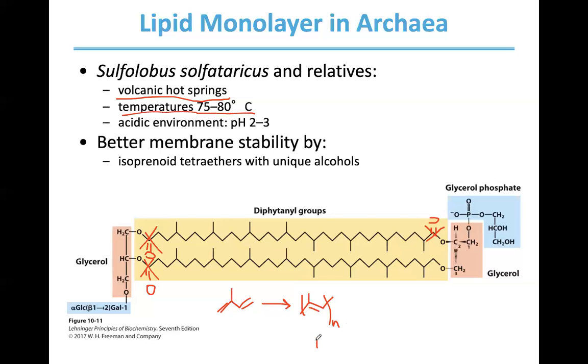Now, do you know where polyisoprene is present in nature? For example, in tree sap, right?